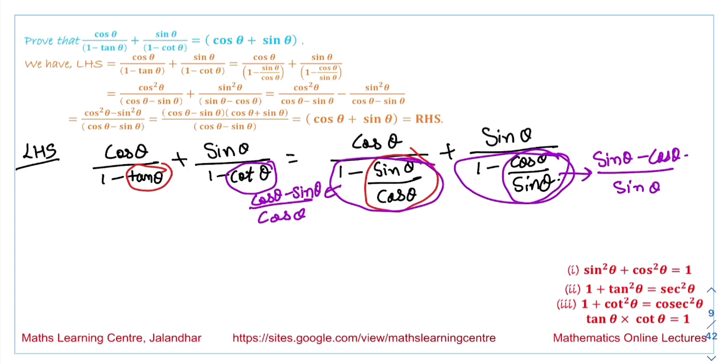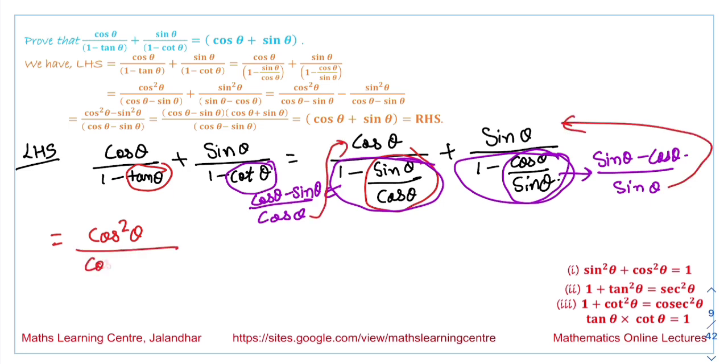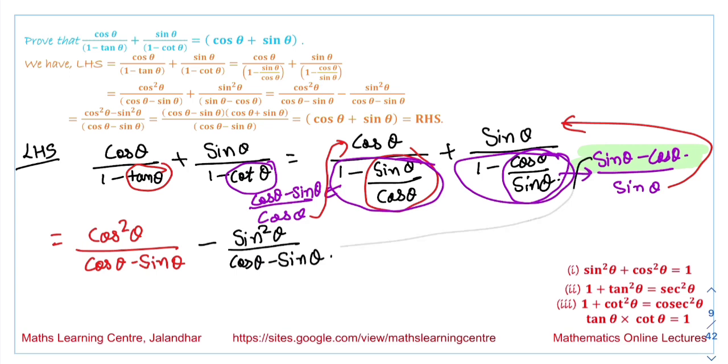On adjusting these terms we get cos square theta, as this denominator part will come in the numerator, and we are left with cos theta minus sin theta. Suppose from this term we take the minus sign common, so what we are left with is minus sin square theta over cos theta minus sin theta.